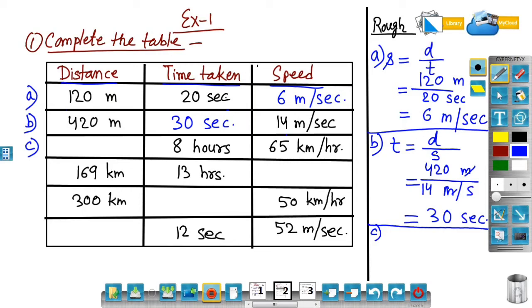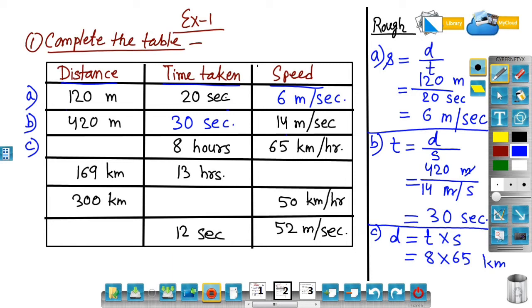Distance equals time into speed. So we can find it as 8 into 65. It is given as kilometer.